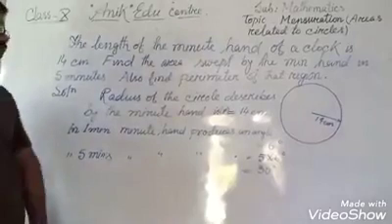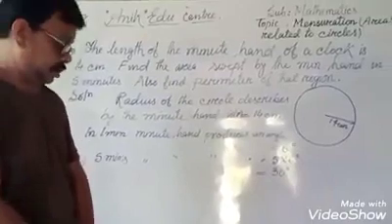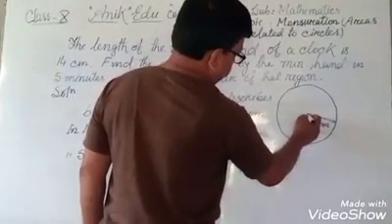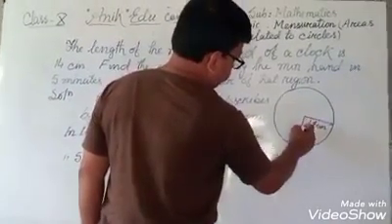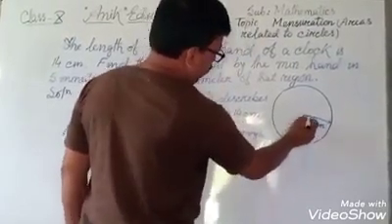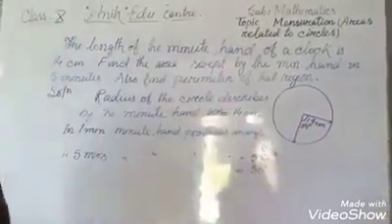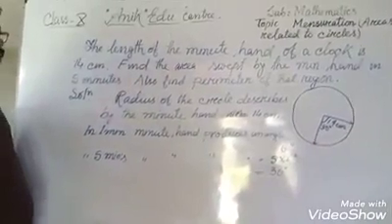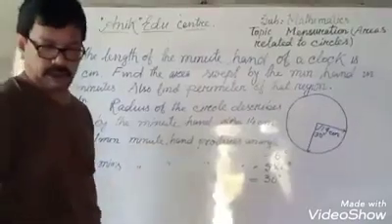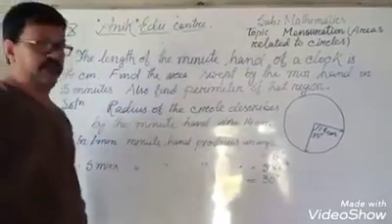Now, in 5 minutes, minute hand produces a sector on its describing circle like this, and the angle is 30 degree. Now we can find the area of this sector by using the formula for finding area of the sector.